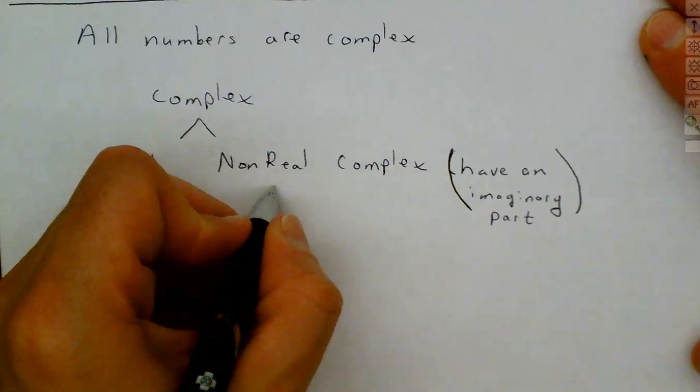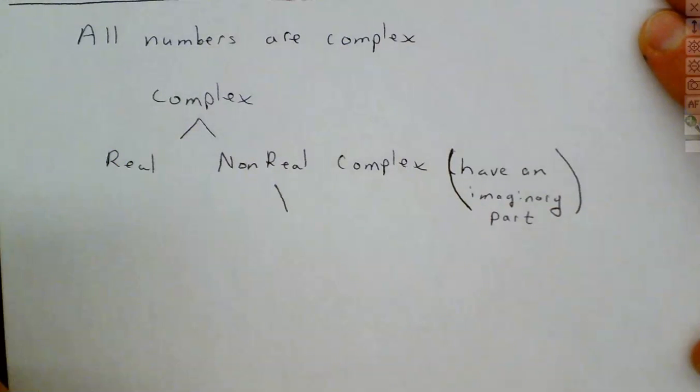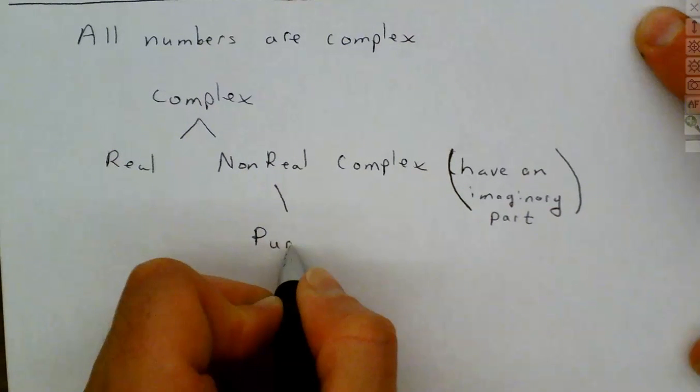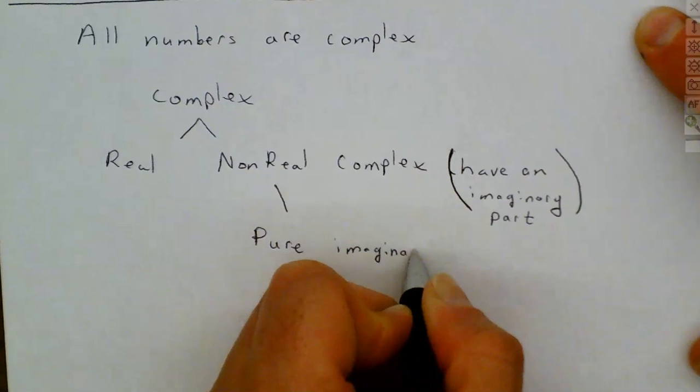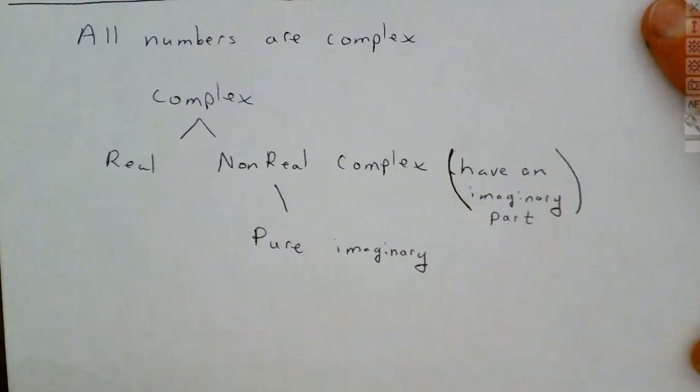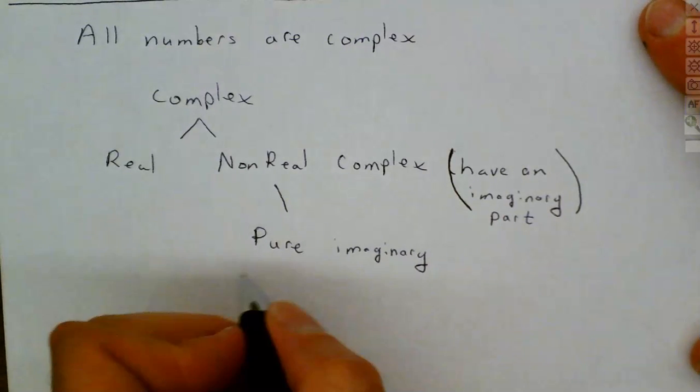And we can then break the non-real part down one more step into pure imaginary. And pure imaginary, they only have an i, so no real part.